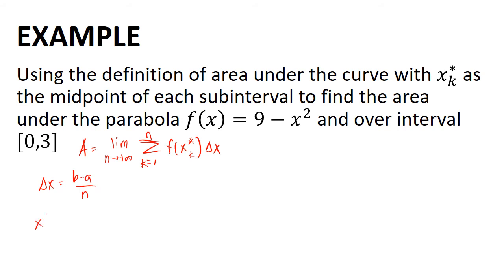And x star k is dependent on the convention you will use. The one we use is midpoint. Therefore, x star k should be a plus k minus 1/2 delta x.